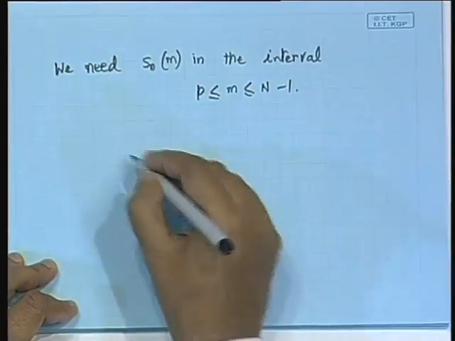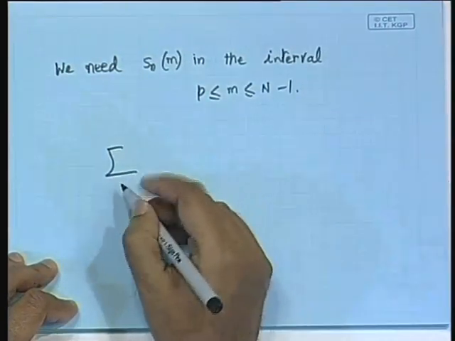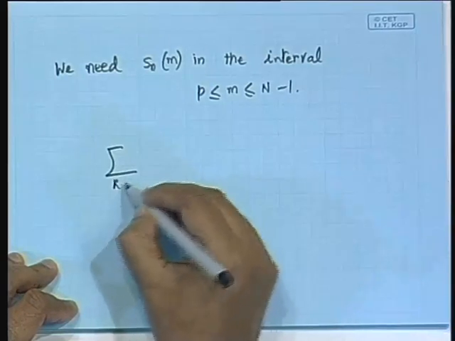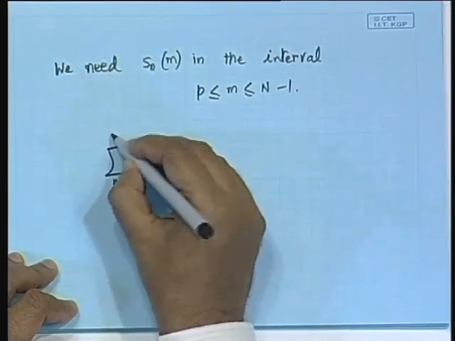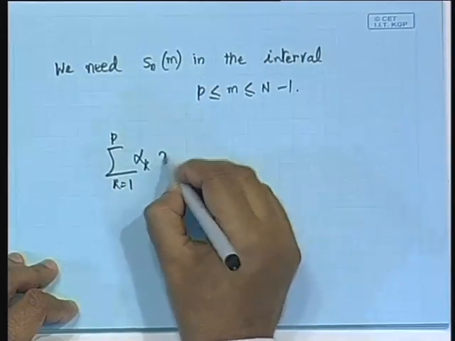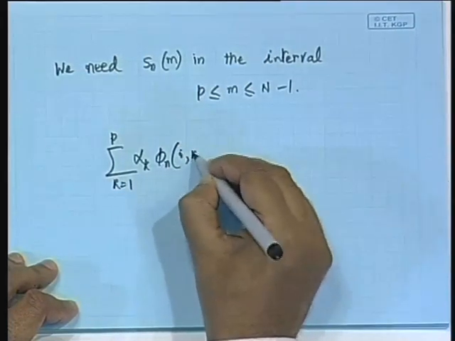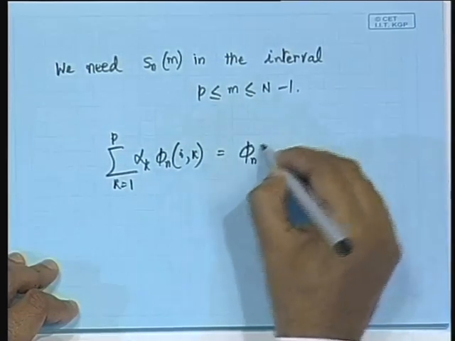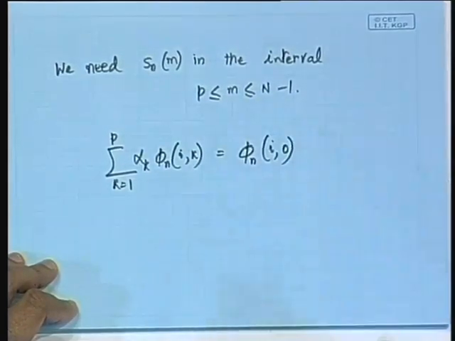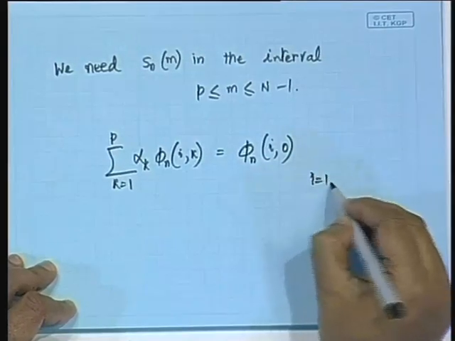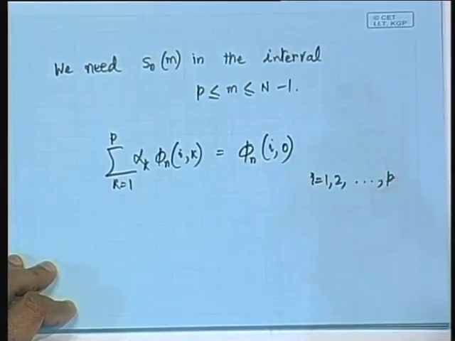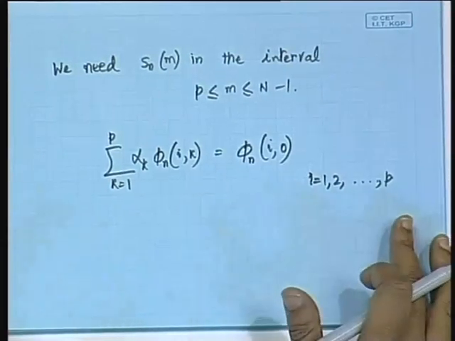The set of equations now becomes the summation k equal to 1 to p of alpha k phi n I k equal to phi n I 0, for I equal to 1 to p. Again it is a set of p equations.